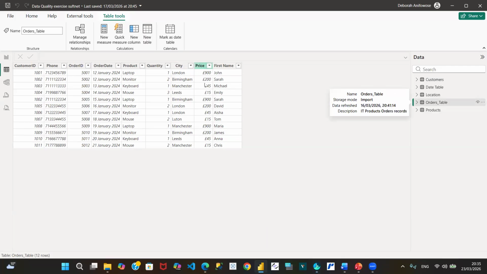We can measure price and we can measure quantities. We can count the rest as well, but ideally you are measuring how much we made, how many products did we sell. And that's why this is your fact table.